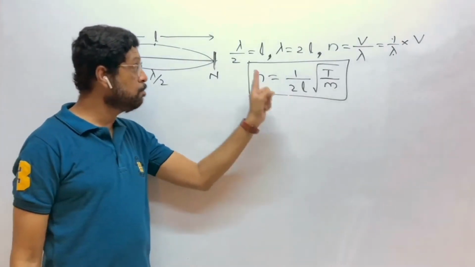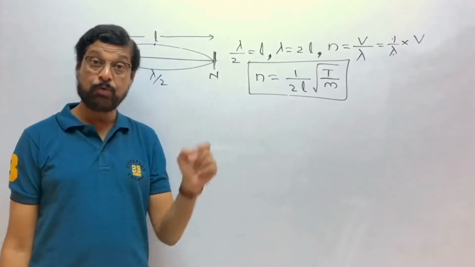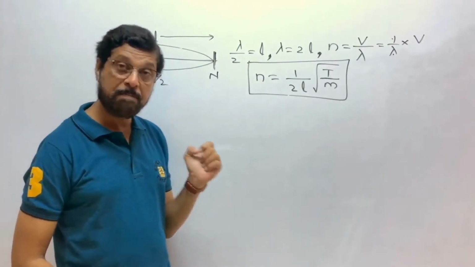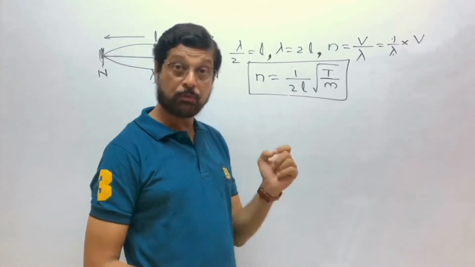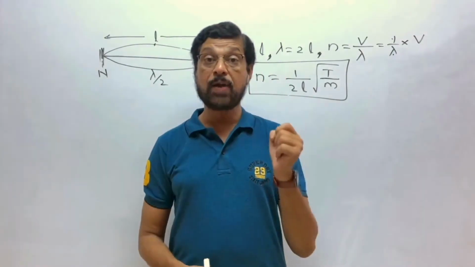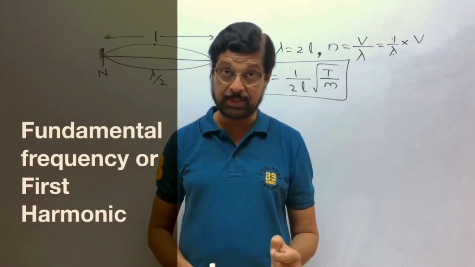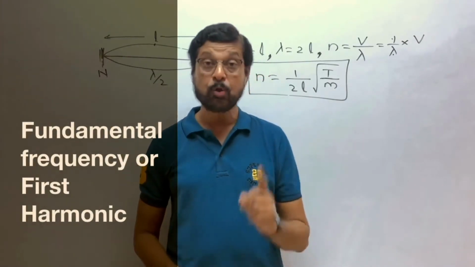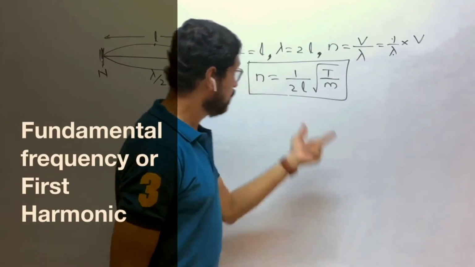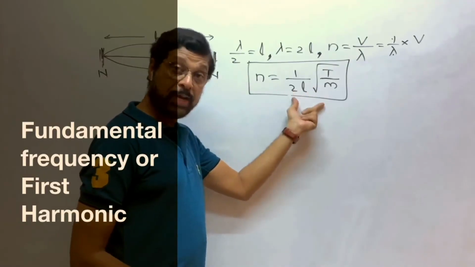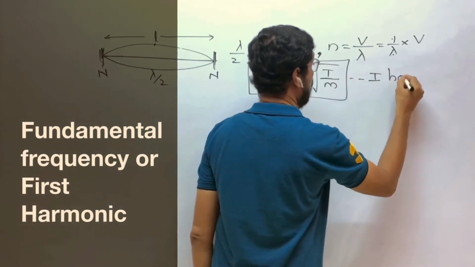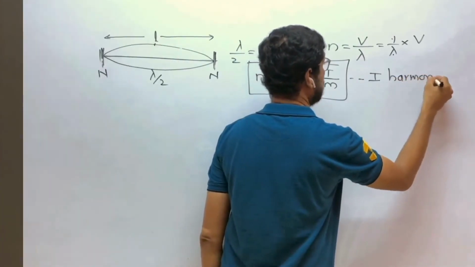मीन्स दिस इज द मिनिमम फ्रीक्वेंसी with which the string can vibrate, and the minimum frequency with which the string can vibrate is called fundamental frequency, or first harmonic.